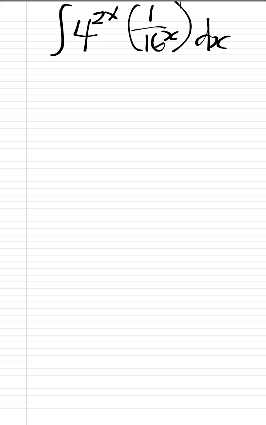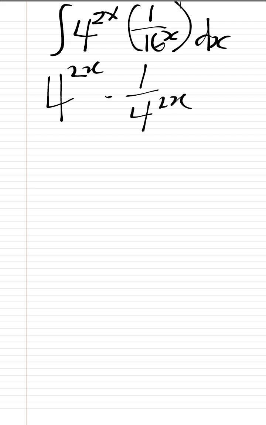So we can write this as 4 exponent 2x, dot, then we can rewrite the 1 on 16 as 4 exponent 2x. After writing this, we can find the inverse of 1 on 4 exponent 2x.